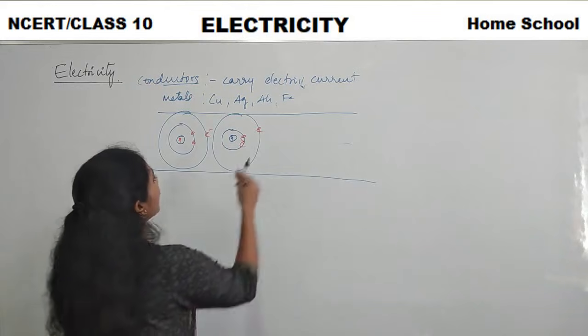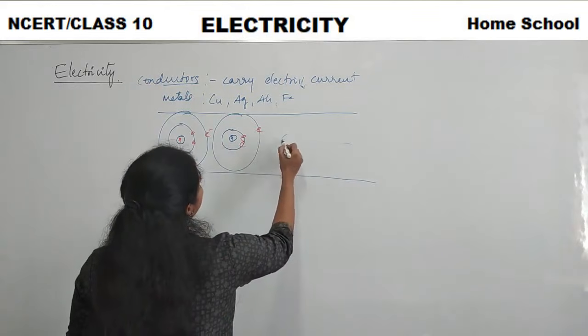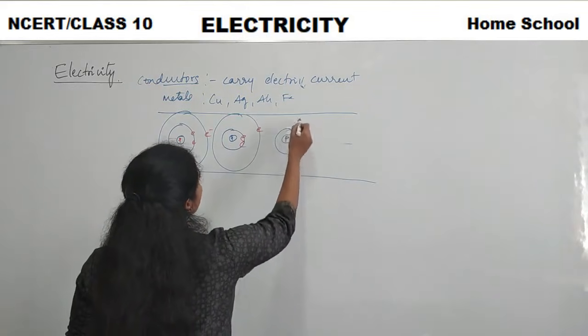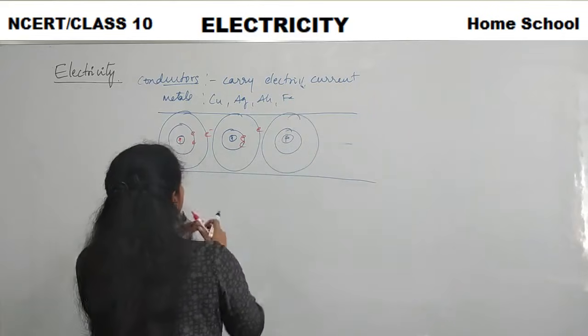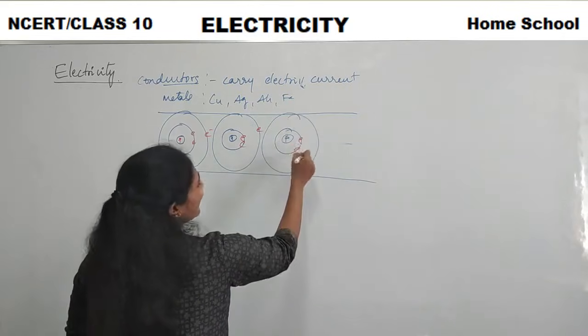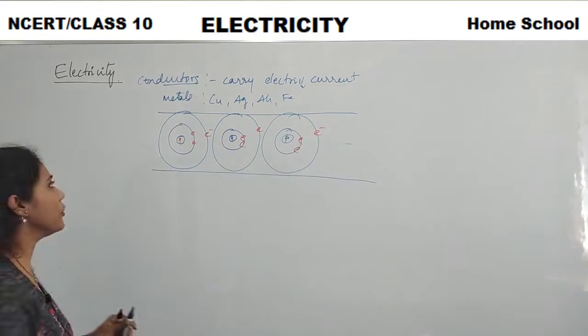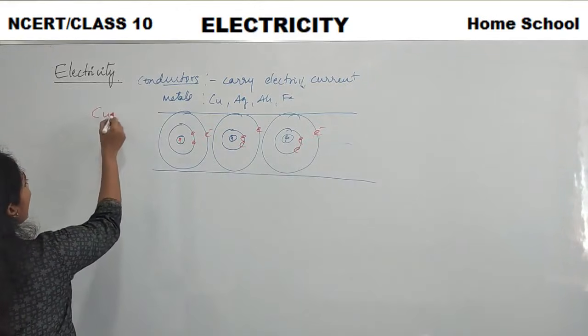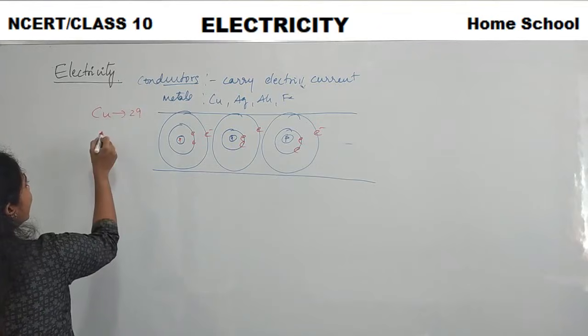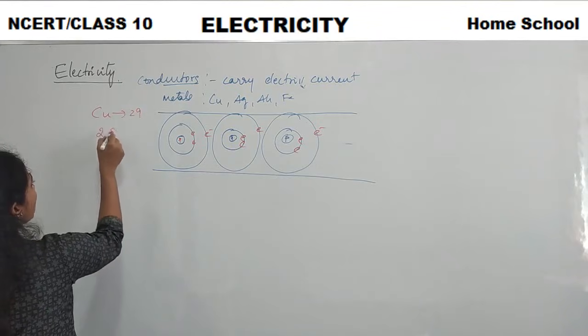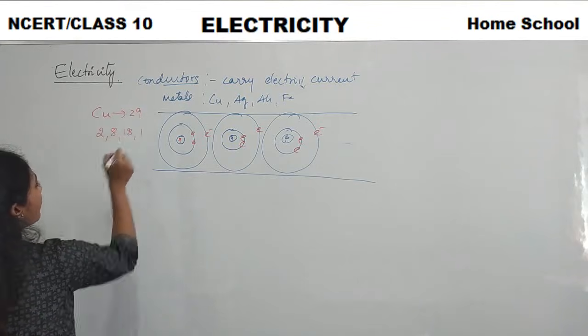Now I will take one more atom. This is the nucleus, these are inner shells, and there are so many electrons in the inner shells. The outermost shell has only one electron. Do you remember, copper's atomic number is 29, and its electronic configuration is 2, 8, 18, 1.